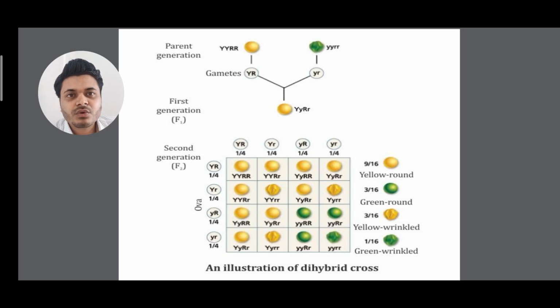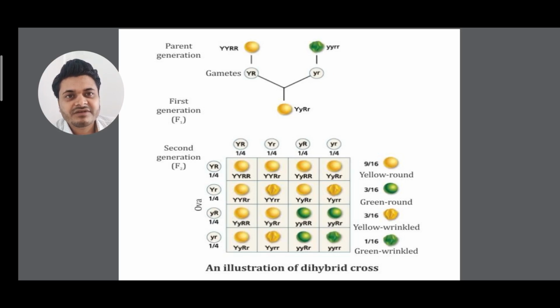From this concept, we know that dominant are written as capital letter and recessive are written as small letter, isn't it? So that's why they have taken, one is the color of the seed, another is the shape of the seed. Clear? So for shape, they have taken two different phenotypes. One is round, another is wrinkle.